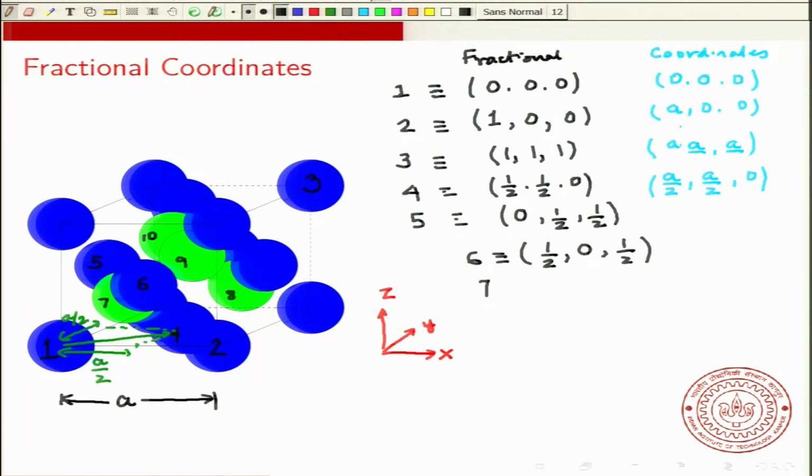Now atom 7 is along the body diagonal, and it is a quarter of the way along the body diagonal.